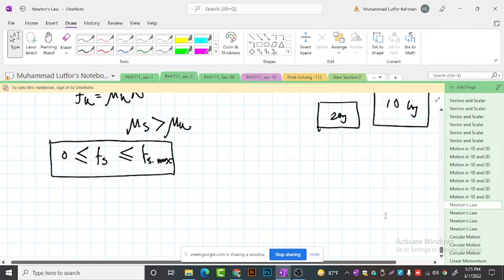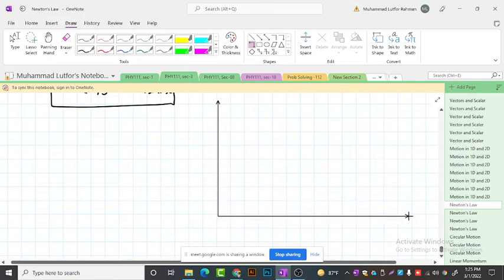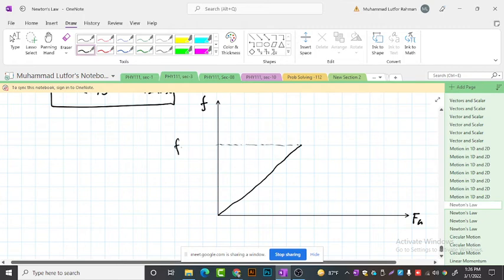And say if we draw a diagram of these two forces, say this is my applied force and this is my frictional force. Starting from 0, when I apply force on the system, gradually the static frictional force will increase, and it will reach a maximum point, which is Fs max, right?